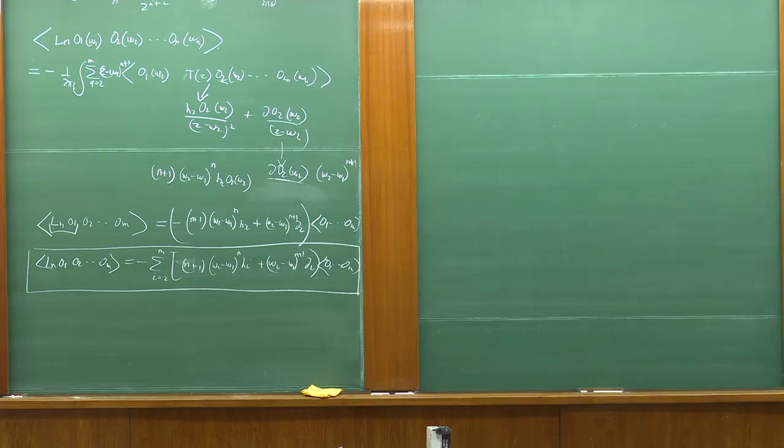See, suppose I give you a correlation function of O1 to On. What I mean by the right hand side is not some fancy conformal field theory stuff. It's just differential equations. It's just acting derivatives and multiplying the correlation function. Right hand side is explicit in the sense of functions. I give you the correlation function as a function.